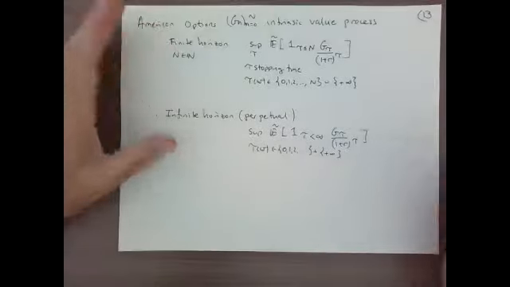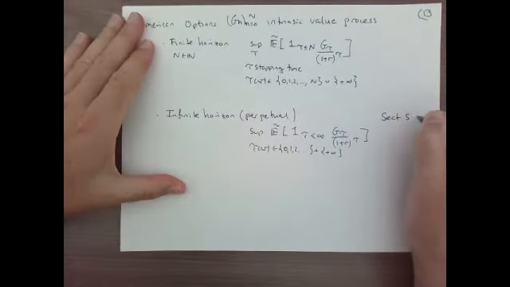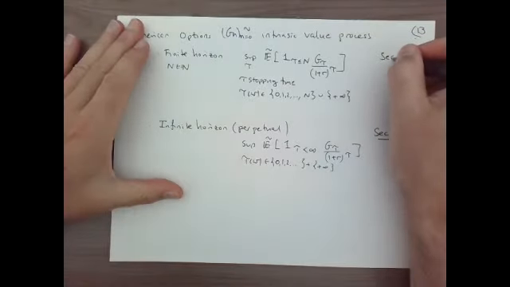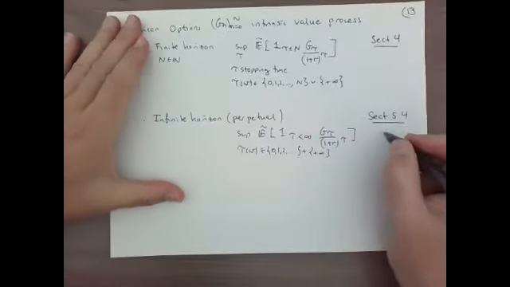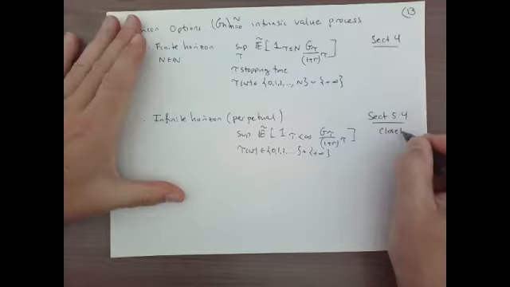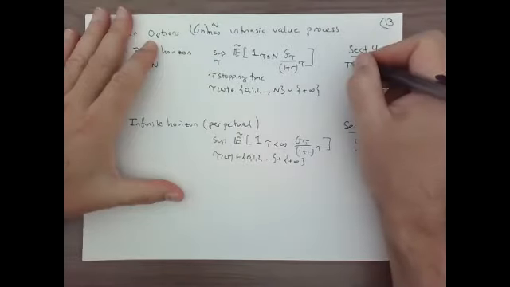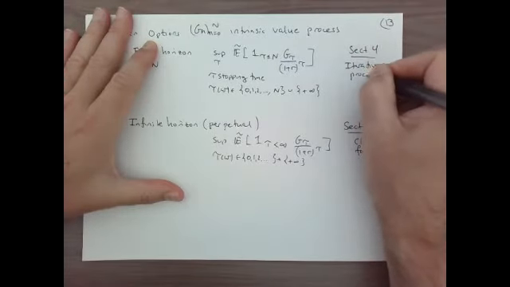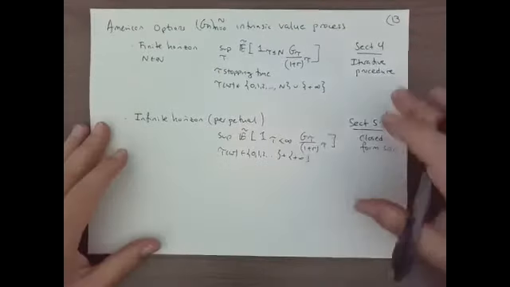This one is the one in section 5.4, and this other one is in section 4. The benefit here is that there is a closed form solution. And there, there's just an iterative procedure. There's no closed form solution for the first one.